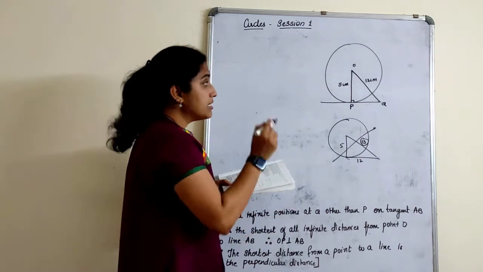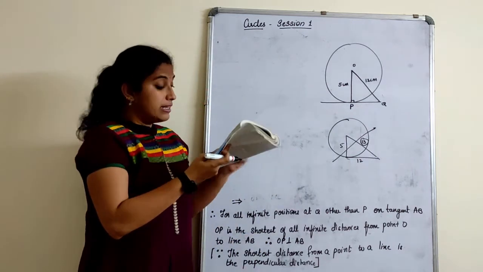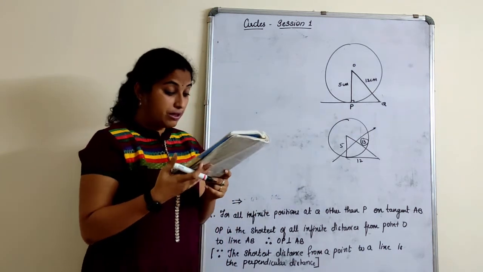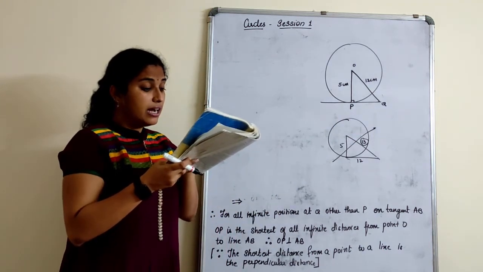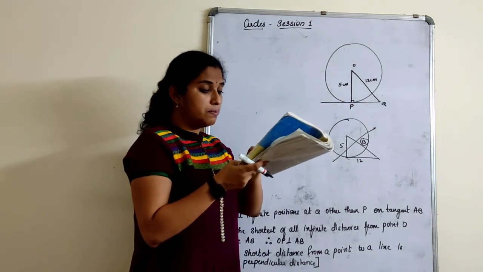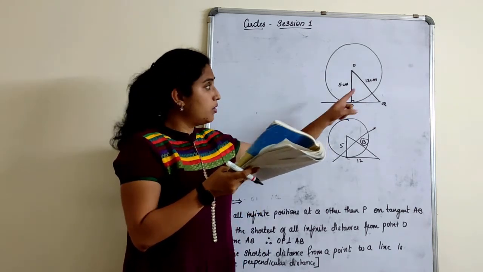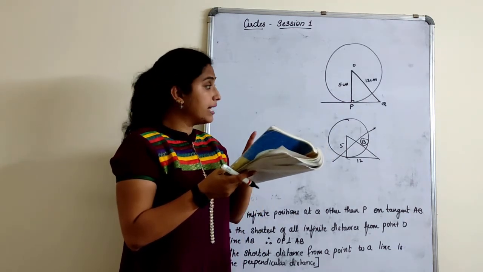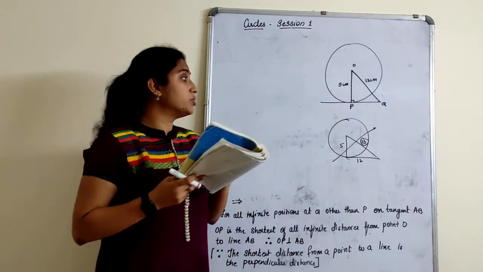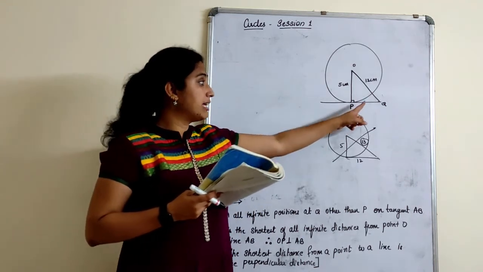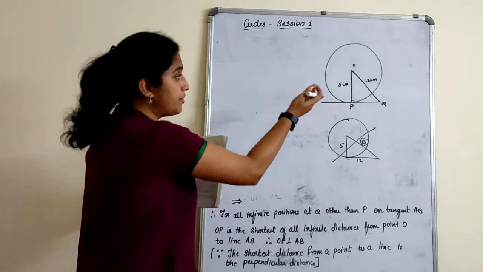It is not for this, it is for this. They have not mentioned the length of the tangent here, but they have given a tangent PQ at point P of a circle of radius 5 cm meets a line through center O at point Q, so that OQ is equal to 12 cm. The length of PQ is, that means this measurement we have to find.